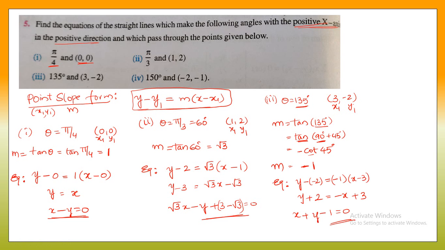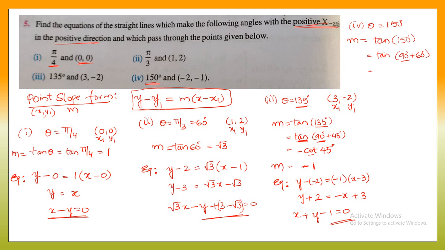So question number 4, here also theta is 150 degrees. So 150 degrees means again an obtuse angle. So clearly m will again be negative. So this I can write as tan of 150 degrees. So tan 150 I can write as tan of 90 plus 60 degrees.